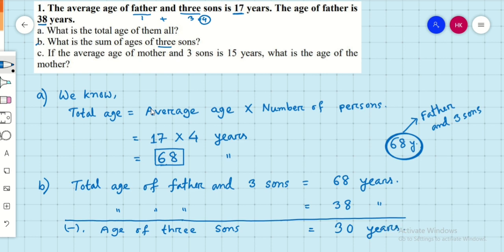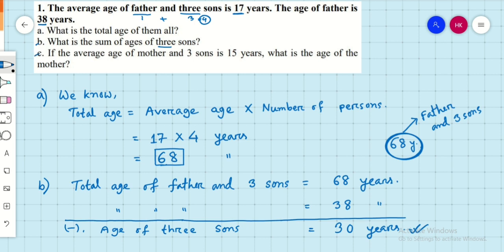So this is the answer of B. The total age of father and 3 sons is 68 years, which we already solved in A. And in B, we have to find the age of 3 sons. So total age of 3 sons is equal to 68 minus 38, because father's age is 38. So we subtract and we get our answer.